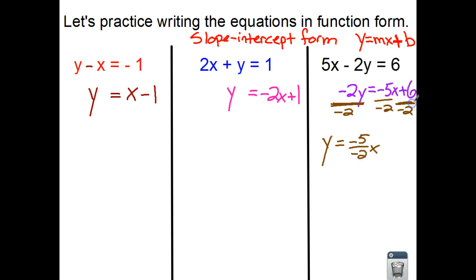Positive 6 divided by -2 is -3. And we will be simplifying a negative over a negative. So let's do that right now. Y equals positive 5 halves x minus 3. And there's your rise over the run. And there is your y-intercept, your starting point on the y-axis.